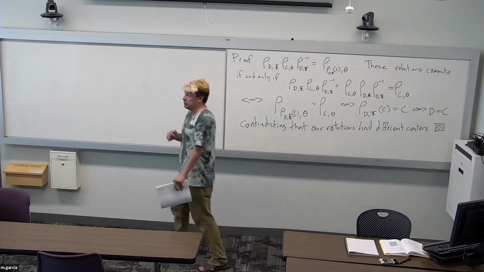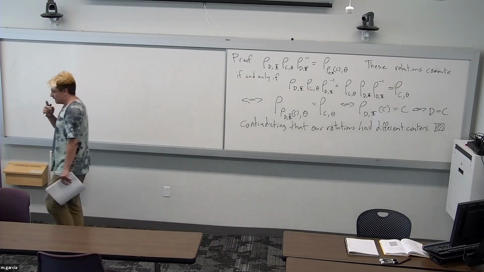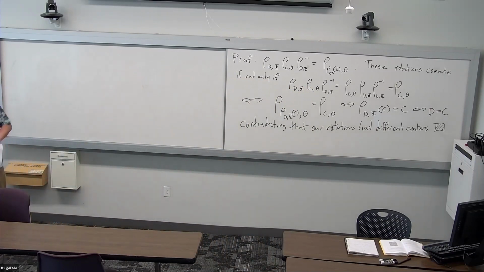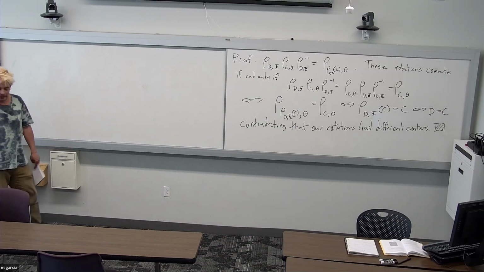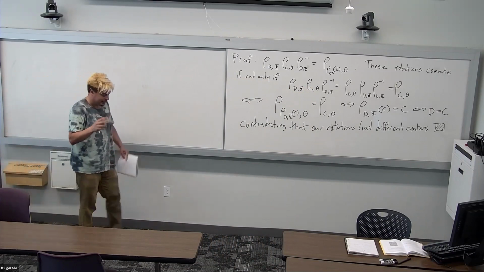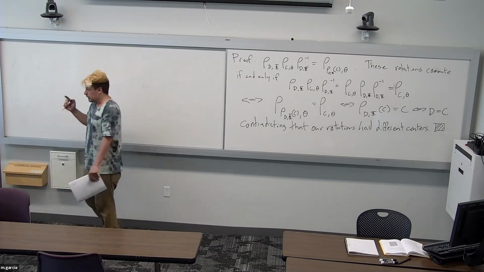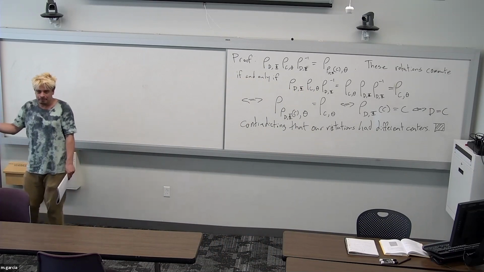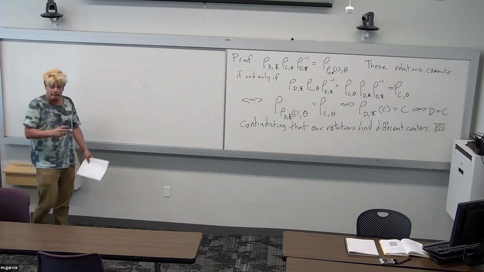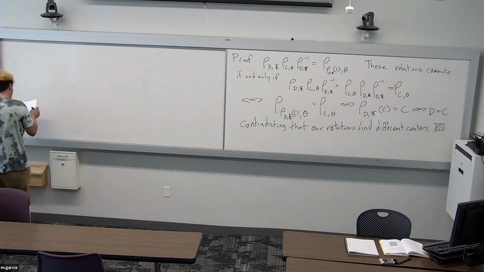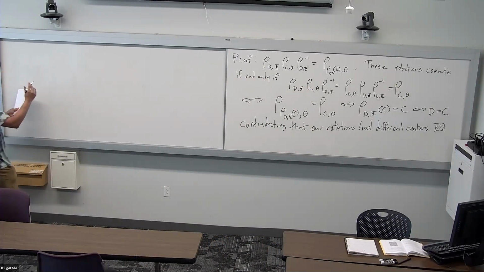Good. In fact, it works out as nicely as you would expect: when you take the product of two non-identity rotations with different centers, their angles add. Okay, so let's see why that is, and maybe say a little more.